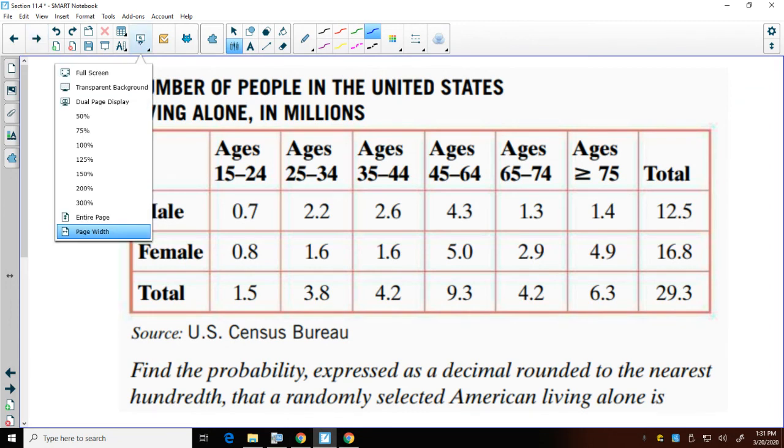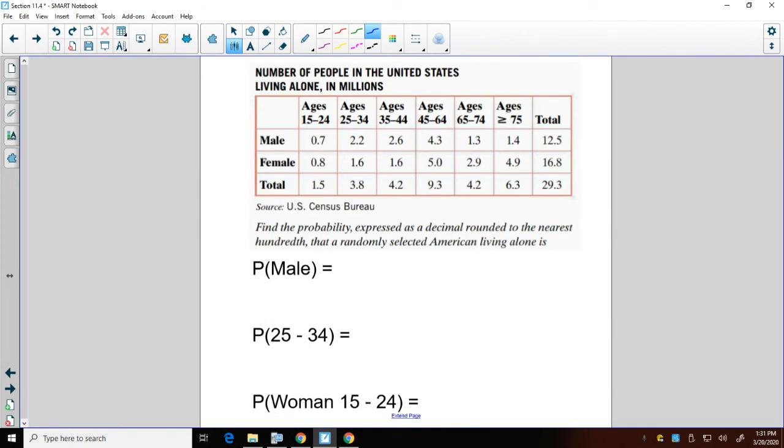Remember, the probability, again, in order to do this, take what you want over the total number of trials. Take what you want to happen over the total number of trials. So when you look at these probabilities, I want the males on top over the total number of people we talked to.